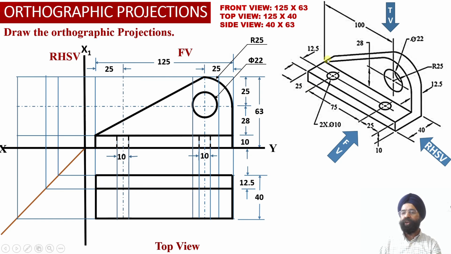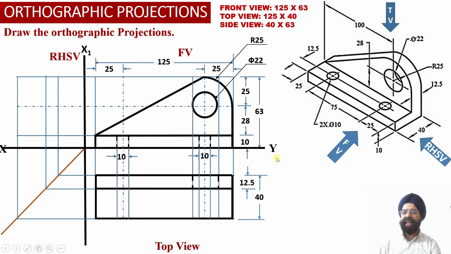And another thing we know, corresponding to this portion of the horizontal web, since it is parallel to the horizontal plane, we have been able to obtain the true shape projection corresponding to this surface of element number 1 over here, or the horizontal web over here.